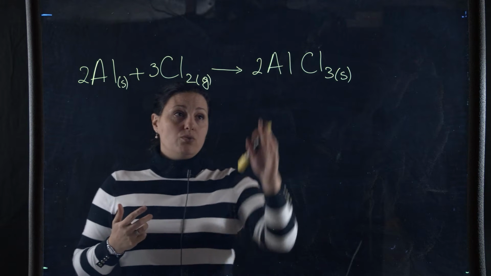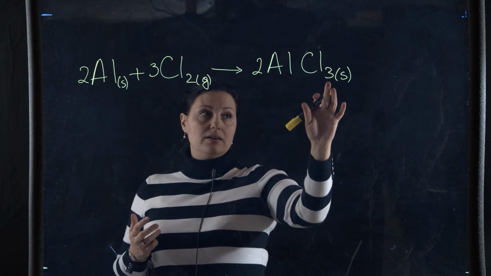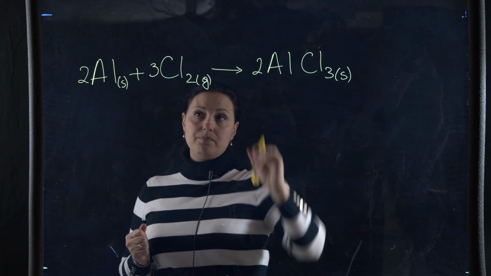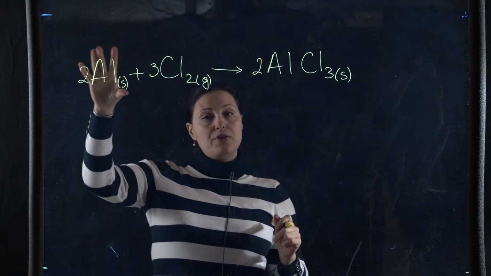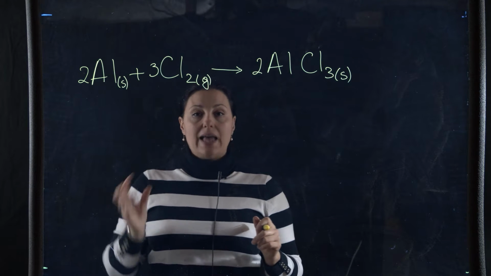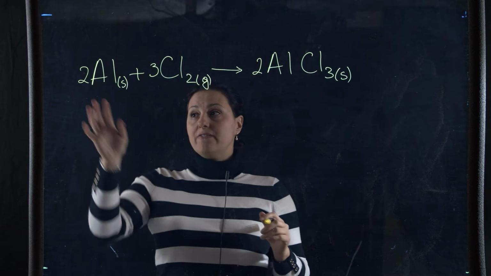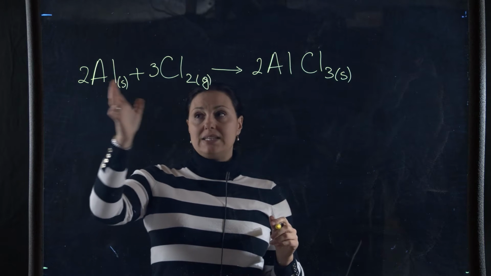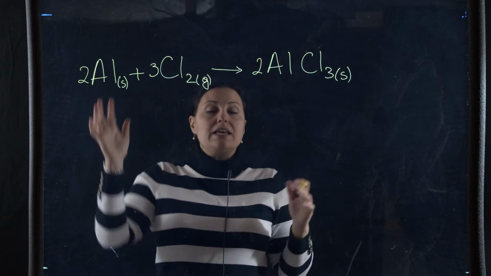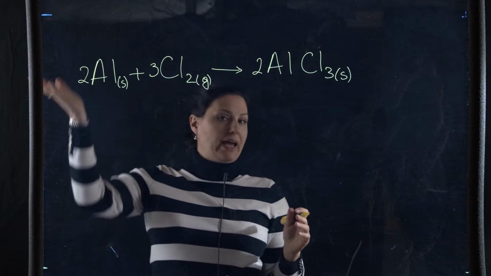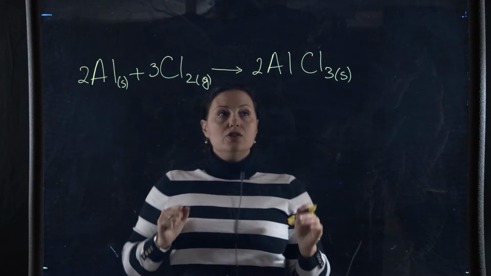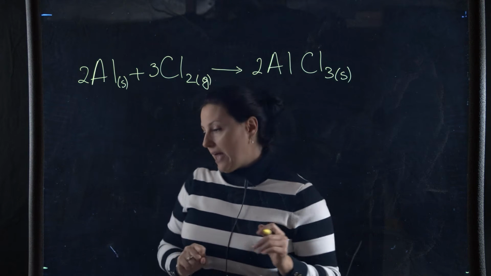Another thing that I do, once I make my odd numbers even, I always leave those elements that are by themselves last, because if I change the number in front of them, it doesn't affect anything else that I have balanced out. So they're the easiest ones to balance, because you can put any number in front of them and it's not going to change everything else. So I typically leave those for last.